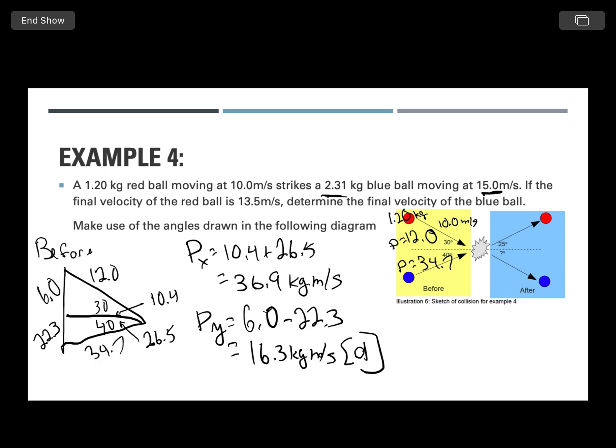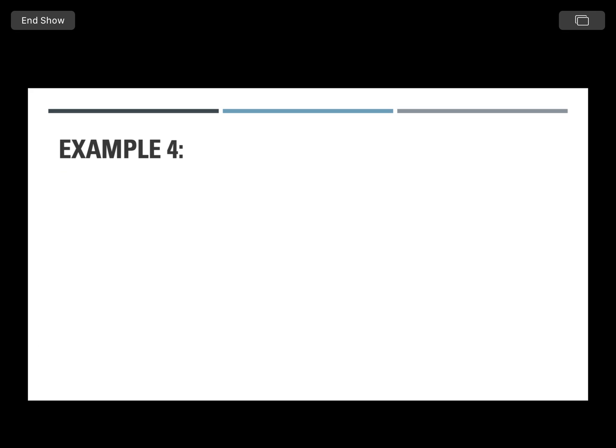Cool. So far, so good. Now, let's take a look at the after. So after, well, let's do the red first. Okay, so in the after, we do know that the red is shooting up this way, makes a 25-degree angle.